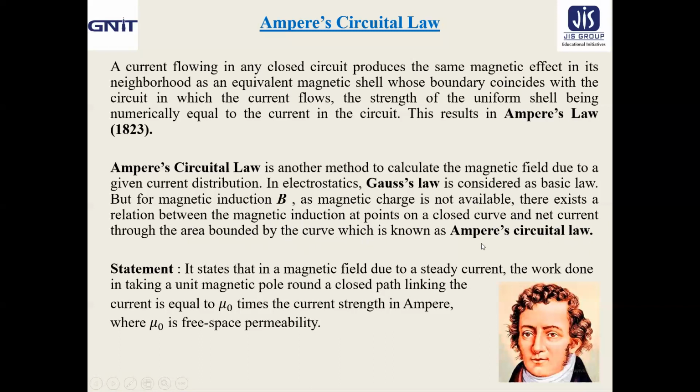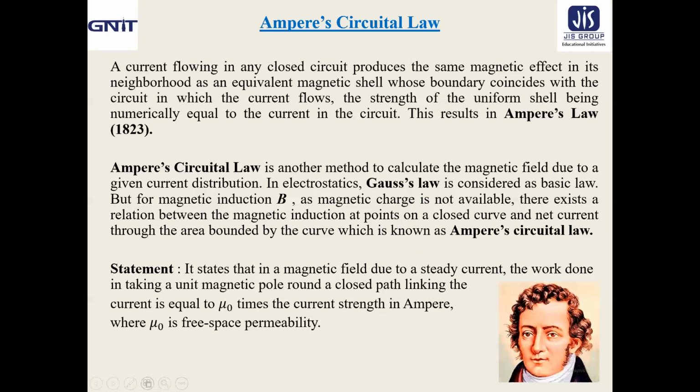And I hope all of you are understanding why I have gone through the equivalence between a current circuit and a magnetic shell, because here no magnetic charge exists. So there exists a relation between the magnetic induction at points on a closed curve and the net current through the area bounded by the curve, in the form of Ampere's circuital law.